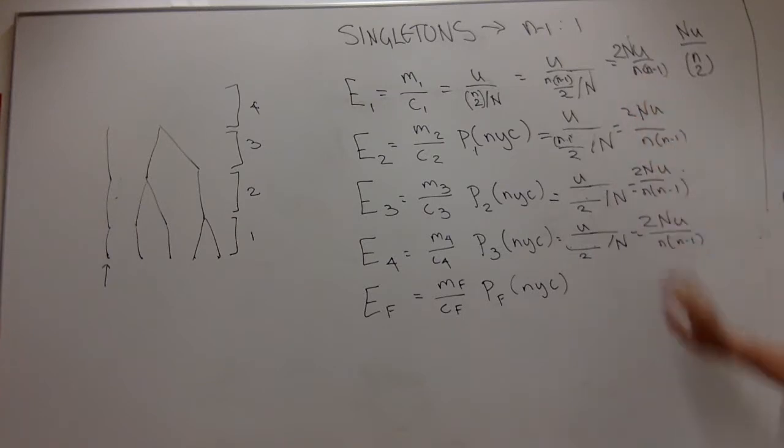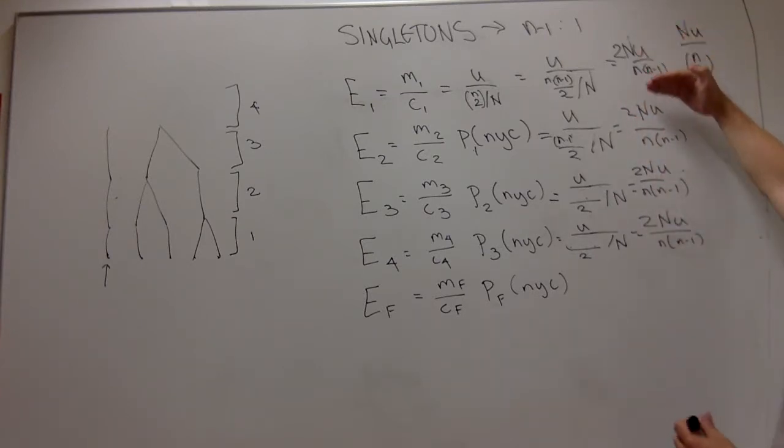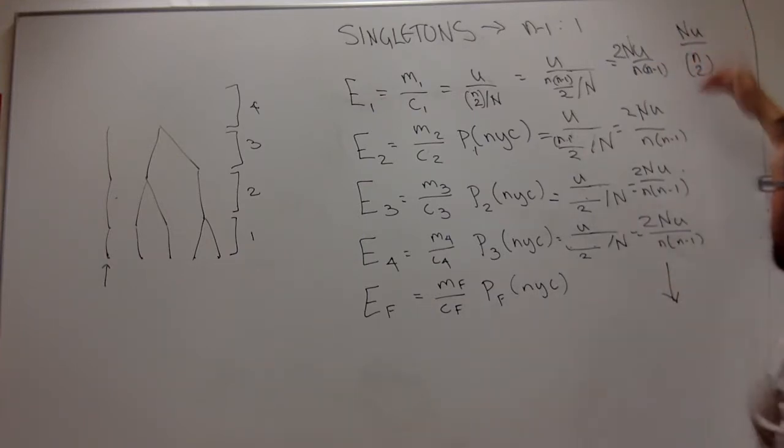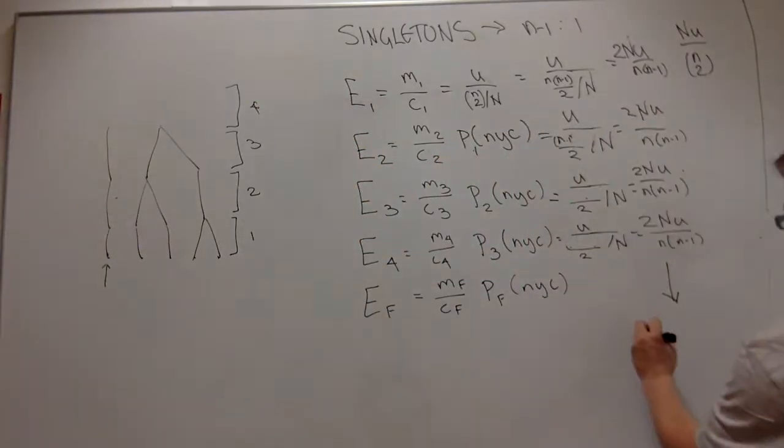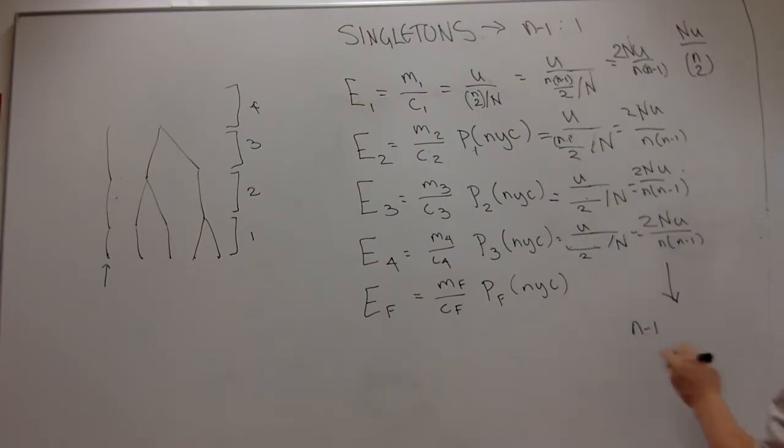So each one of these is equal to this. And so our total value, summing up all these things, is equal to 1, 2, 3, 4, or n minus 1, the number of n intervals, times nu over n choose 2.